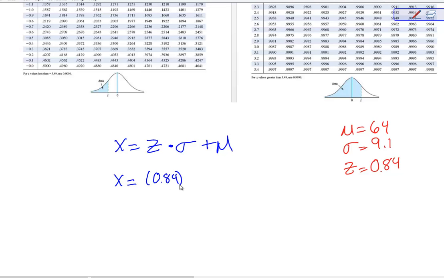0.84 times my standard deviation plus my mean. So I get 0.84 times 9, which is going to be 7.56, plus 64.